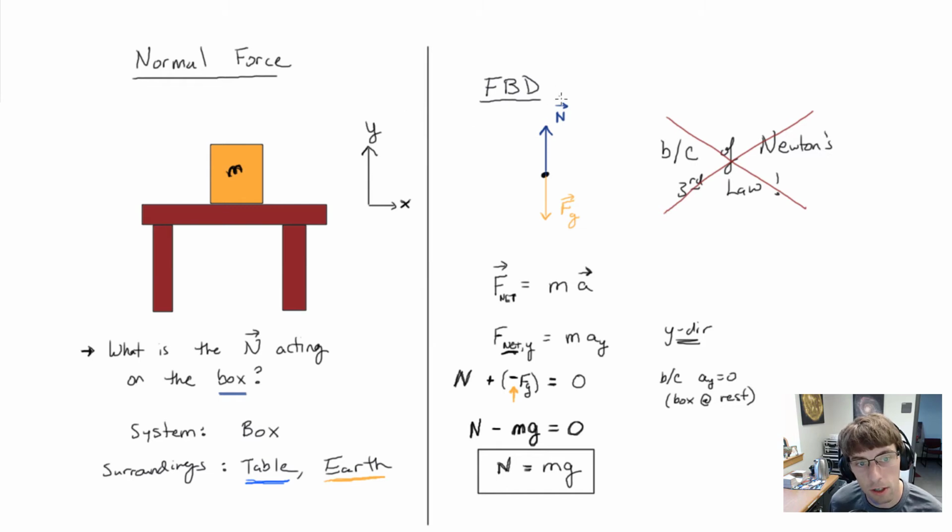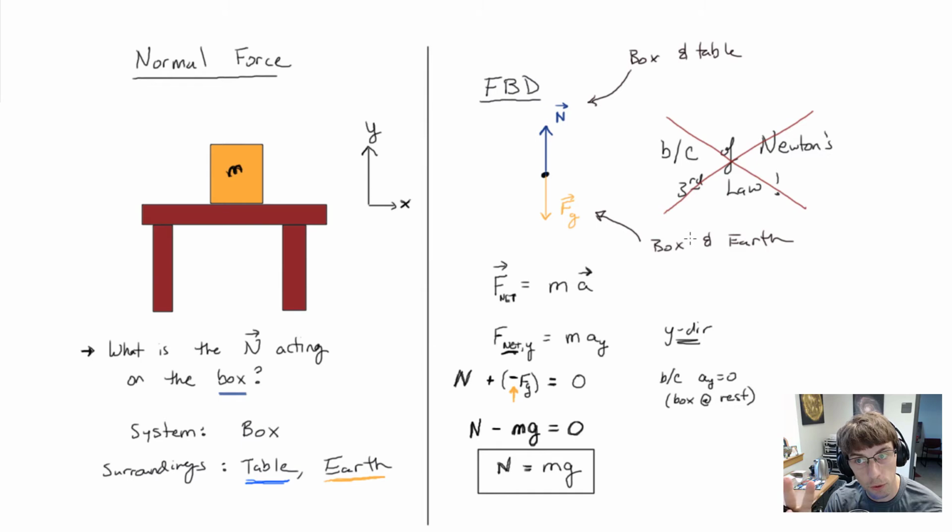How many objects are we dealing with in this pair of forces? Well, the normal force is the box and table. Okay, that's the normal force. Over here, and now you see it already, this is the box and earth. Right? Not the same pair of objects. Newton's third law requires two objects.